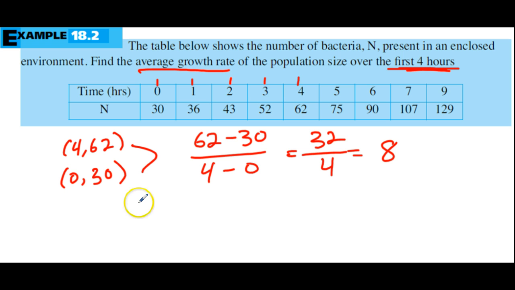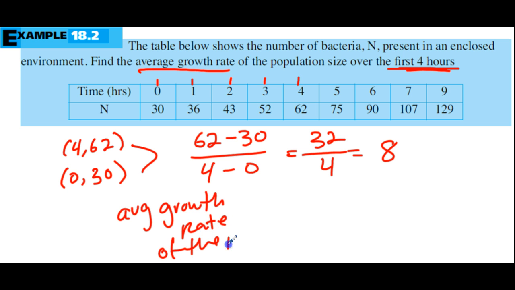So the average growth rate of the population over the first 4 hours is 8, right? And we can do this with other charts as well, as in, instead of time, we're going to use hours. So please be careful when you read that kind of stuff, right?